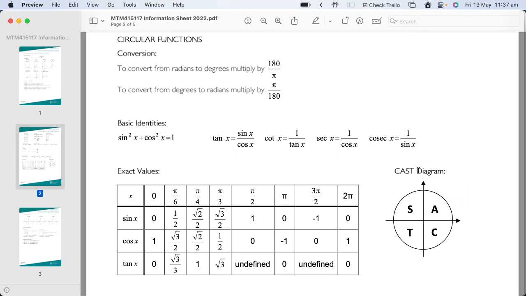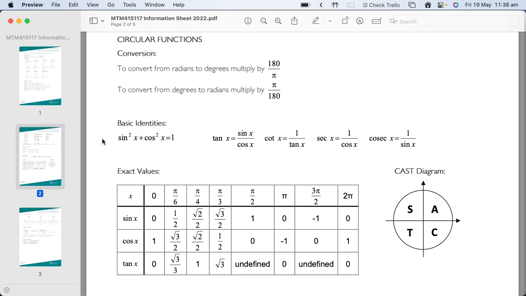We've started to cover the cast diagram again, so I'll return to that in a second. You can see that the multiplication factor for radians to degrees, or vice versa, is also given to you.